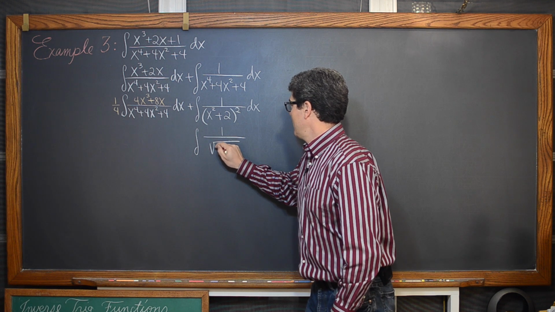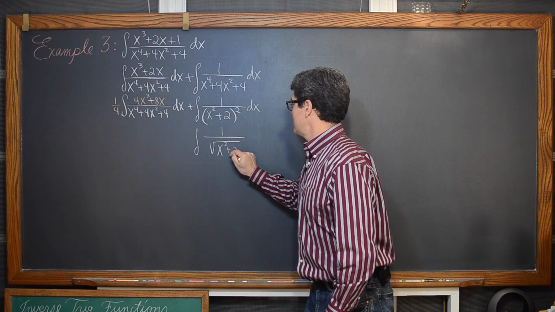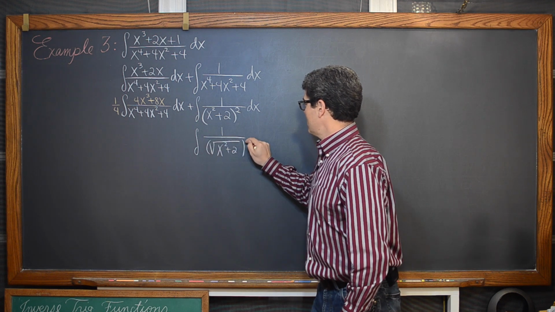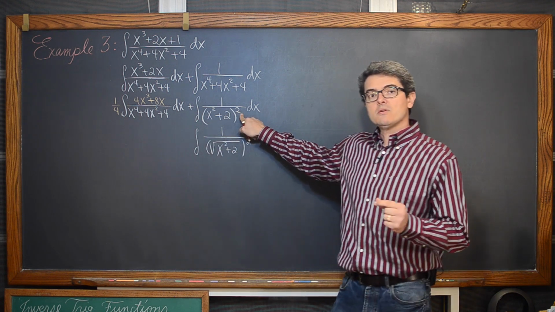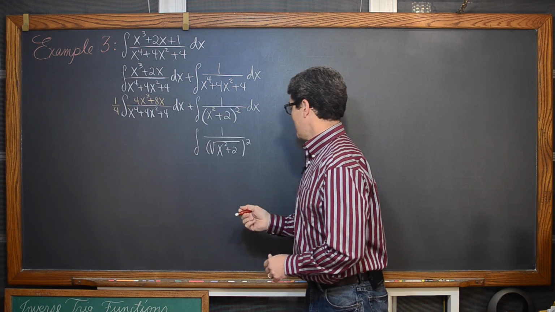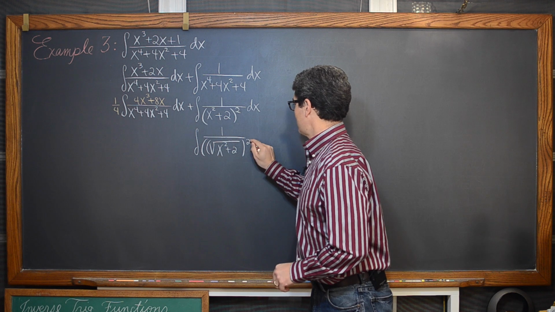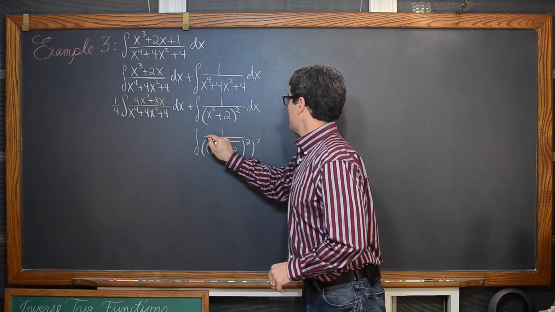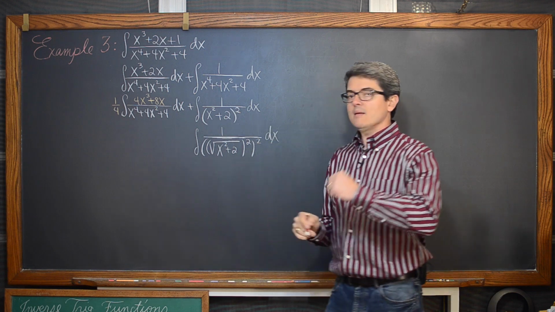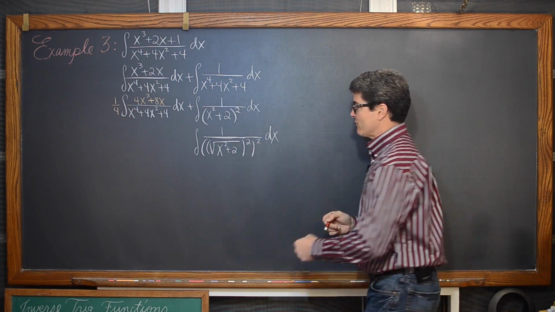We have x squared plus 2, introducing that square root, balanced with a power of 2. Of course, we still have that original power of 2 that was wrapping this denominator in the first place, so let's do another set of parentheses and another power of 2. And that's dx.